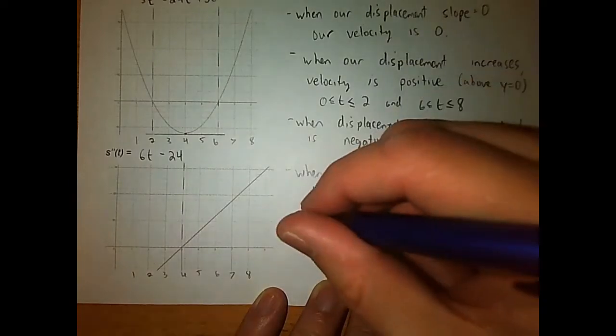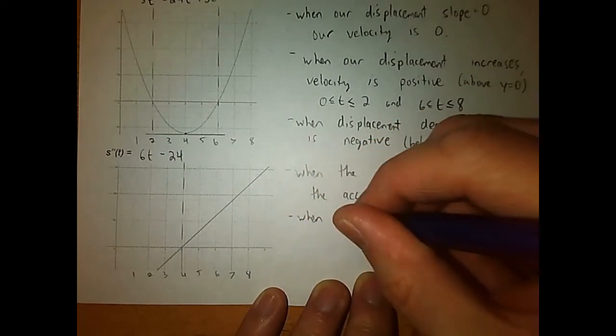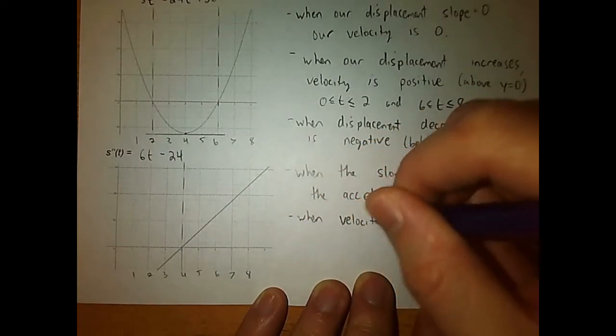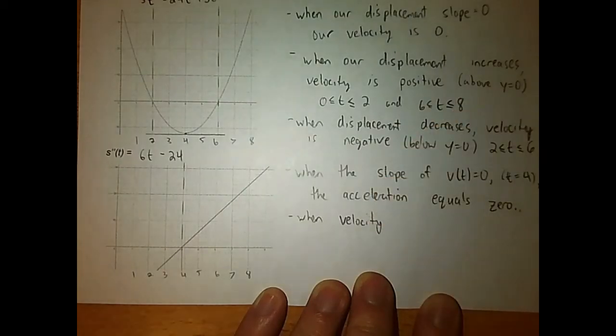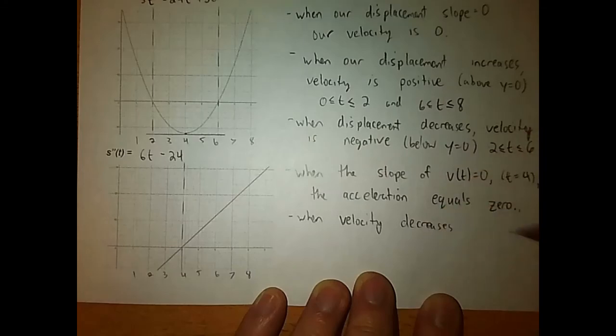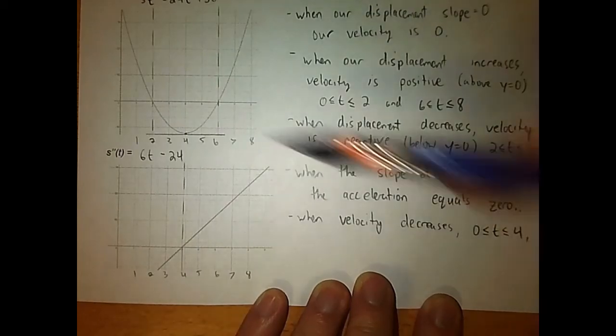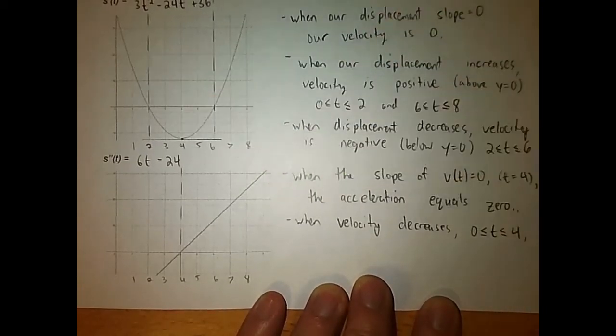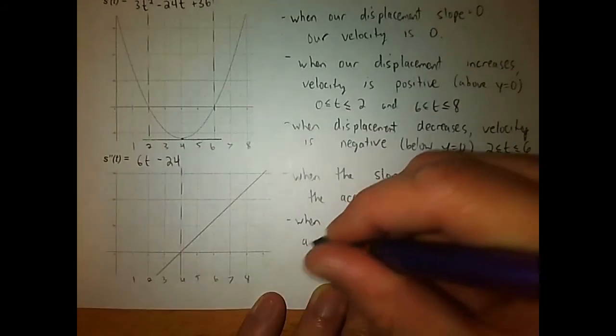So when velocity decreases, and this happens between 0 and 4 on our velocity graph, the acceleration is negative.